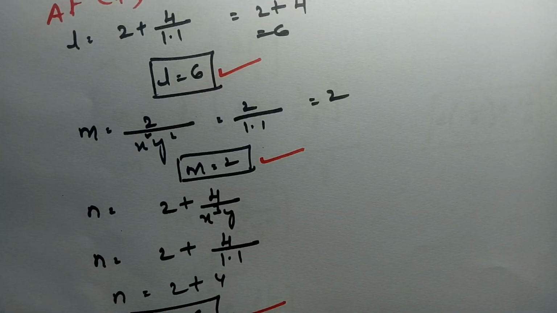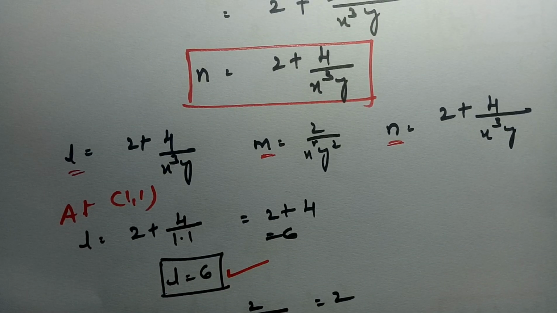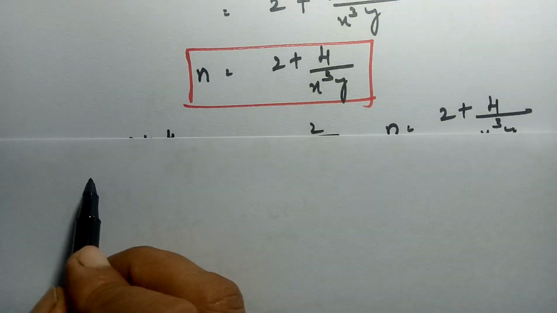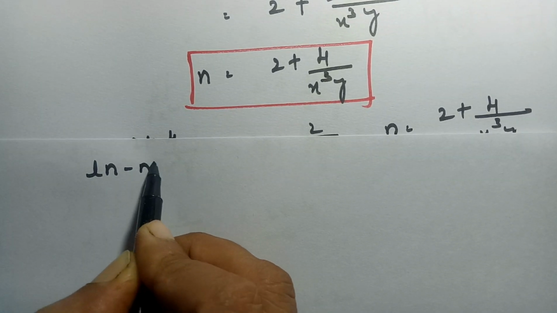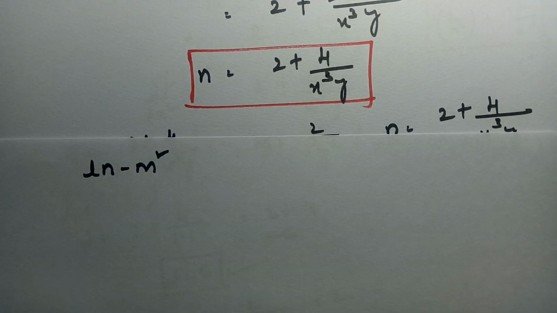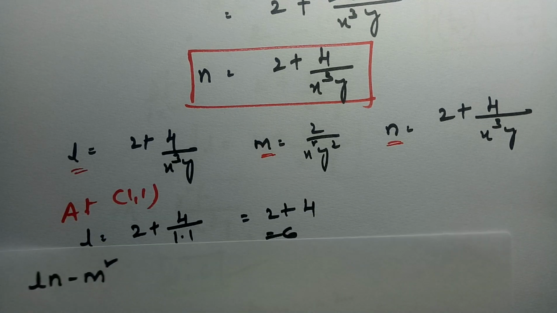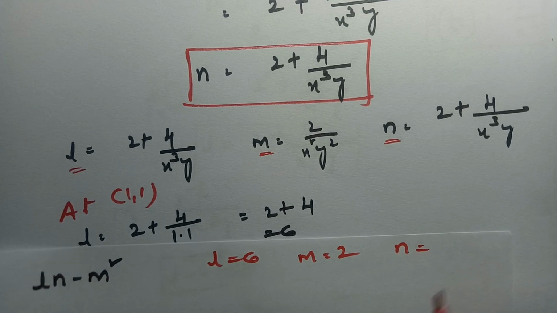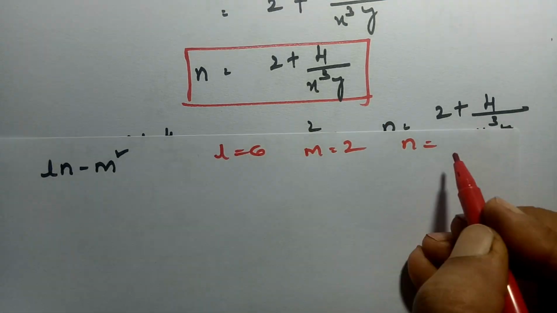So after getting L, M, N value, I have to find the value of LN minus M square. After finding LN minus M square, I have to check whether it is positive or negative. So I have to find LN minus M square. So my L value here is 6, M is equal to 2, and N is again 6.